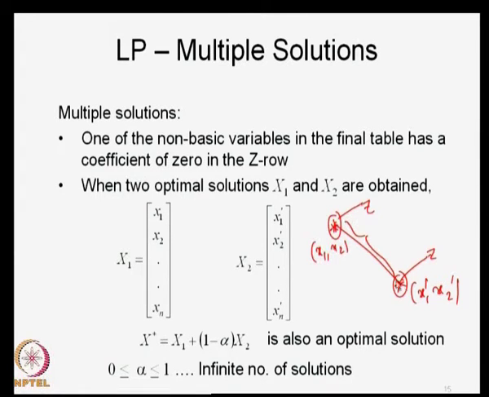Once you get these two solutions, you can generate an infinite number of solutions by using alpha x1 plus (1 minus alpha) x2 by appropriately choosing alpha. So, you can get an infinitely large number of solutions, and this has a huge physical significance, because, as I have been mentioning, let us say that you are talking about physical dimensions, and one optimal solution has a certain set of physical dimensions, and another optimal solution has another set of physical dimensions.